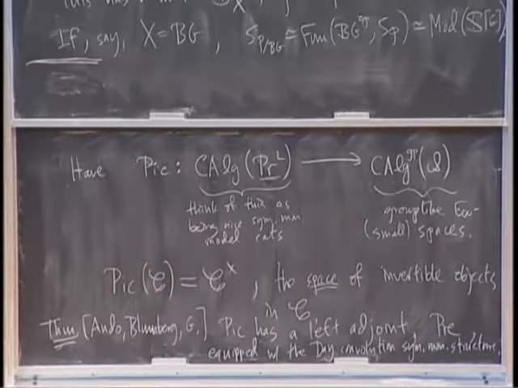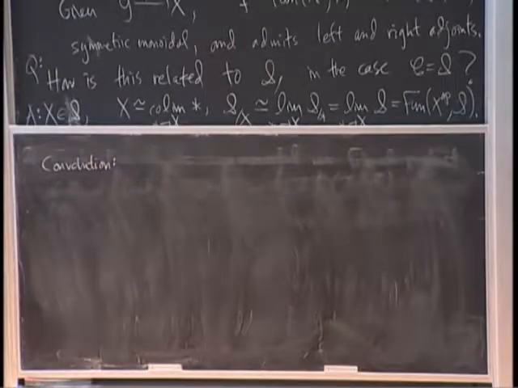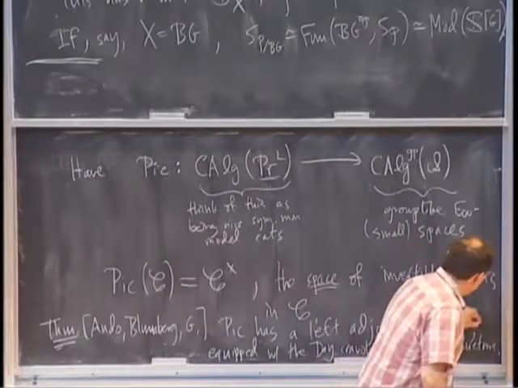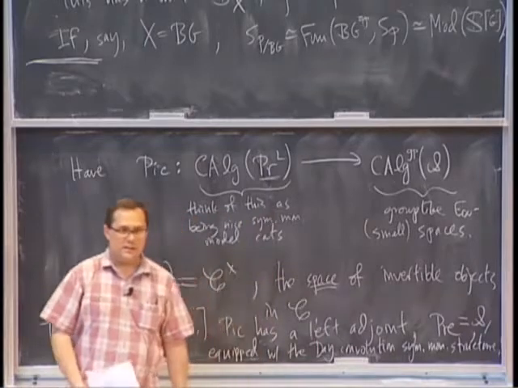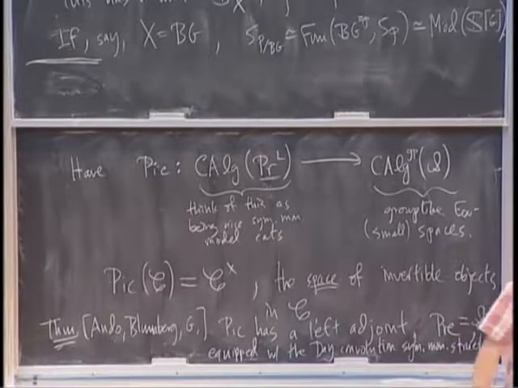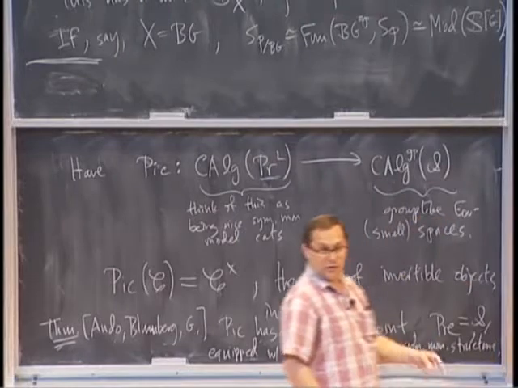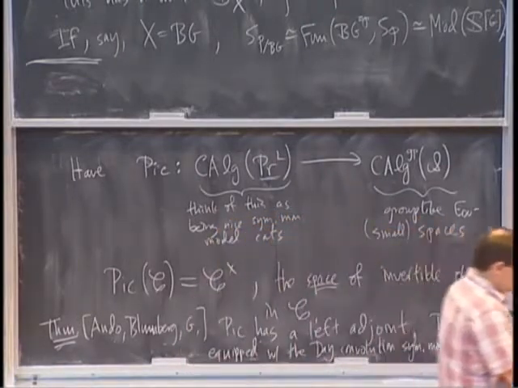So let me describe what the convolution looks like. Another name for presheaves, as we discovered, is spaces over a given space. So if I have Y over X and I want to tensor it with Z over X, what I do is I take the product, which lives over X cross X, but then because X has a symmetric monoidal structure on it, I can multiply and get something over X. That's how this works.